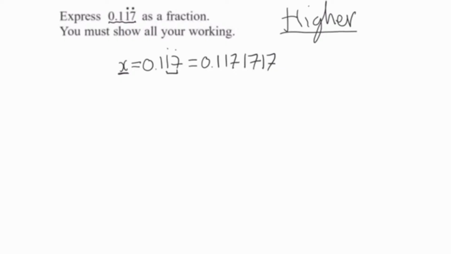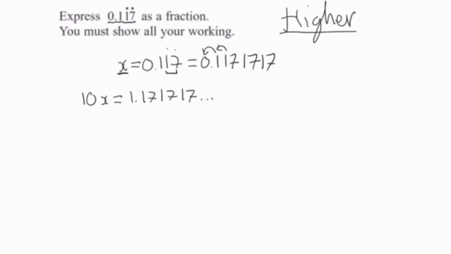So what we want to do is find some way that we're gonna get 1717, so some lot of x equals something point that and then something point 1717, and then we take them away from each other. So what I mean by that is, notice if we multiply this x by 10, we get 10x is equal to 1 point, so this goes over here and everything shifts to the left by 1. So we have this and that continues.